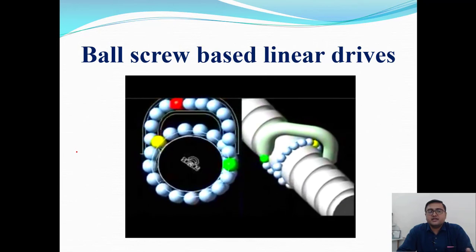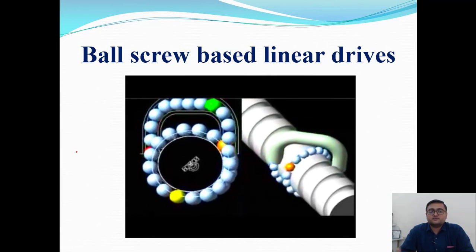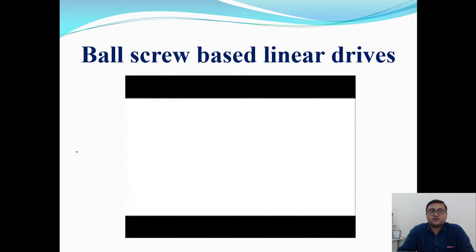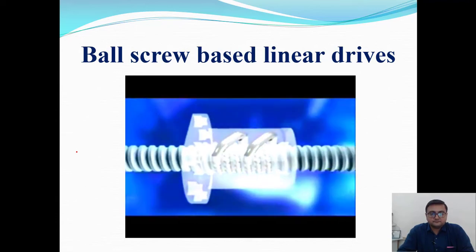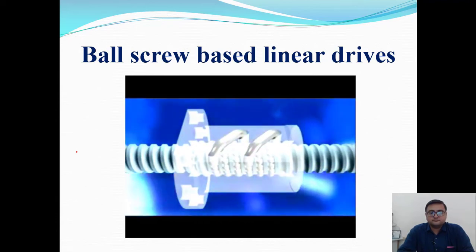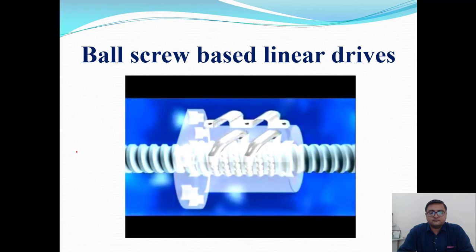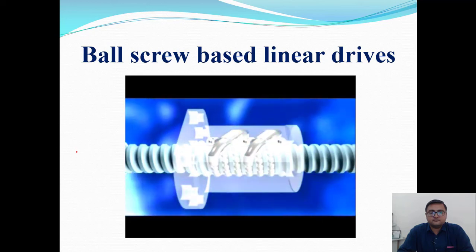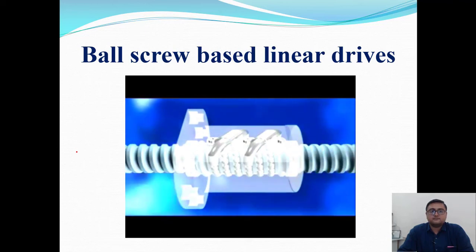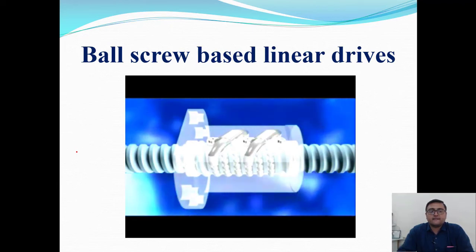Closely look at this mechanism. It's a spiral mechanism, so on spiral threads all the balls are circulating. I hope you are getting it, the external circulation ball screw.